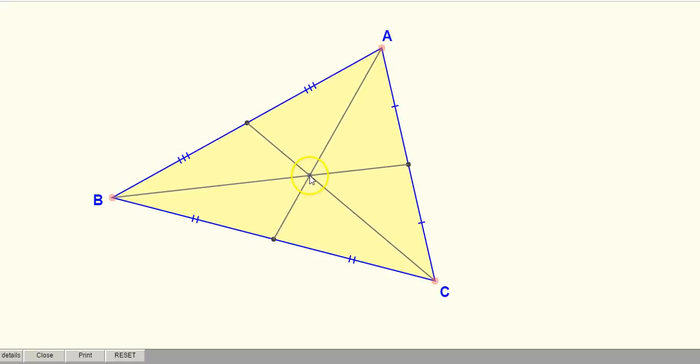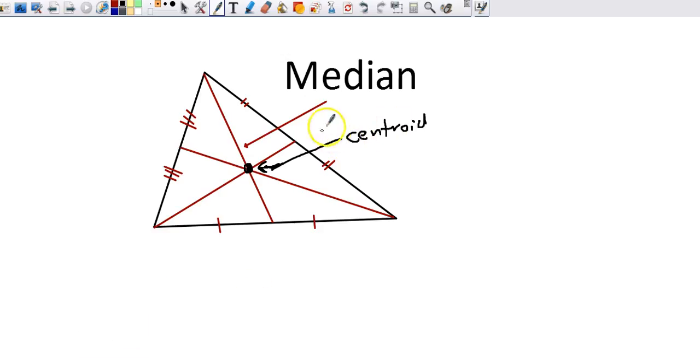And the cool feature about the segments is that the centroid is actually 2/3 of the way across the median. So let's say this segment right here is 8.